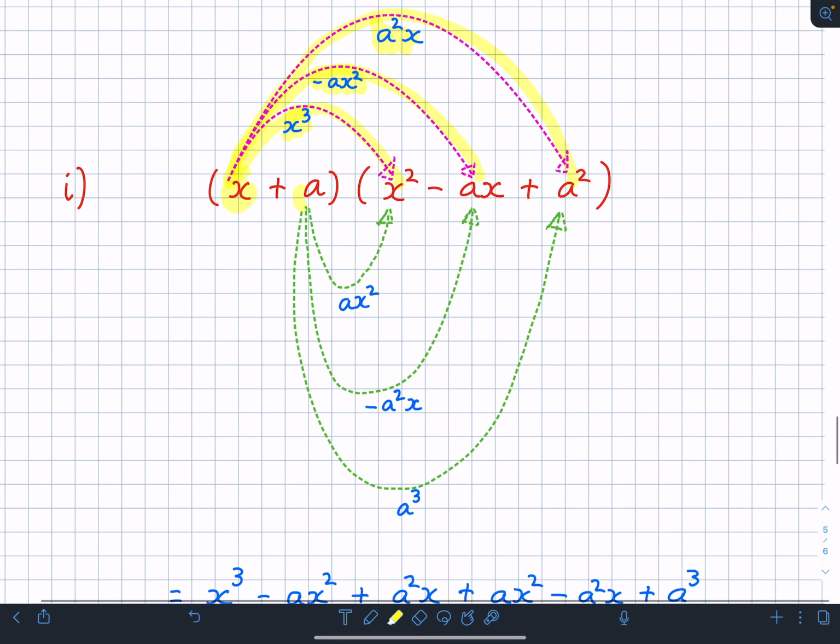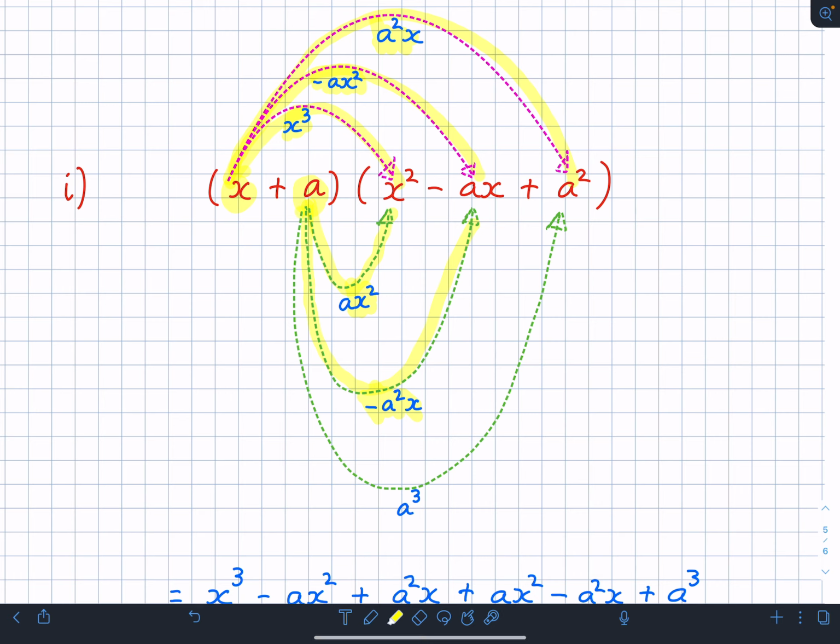And moving on, we have an a multiplied by x squared, that will give us ax squared. Secondly, we've got a multiplied by negative ax, so that will be negative a squared x.